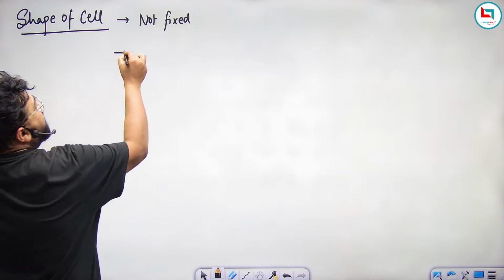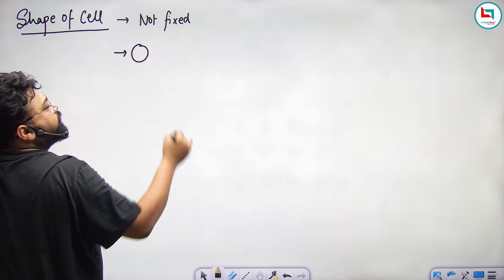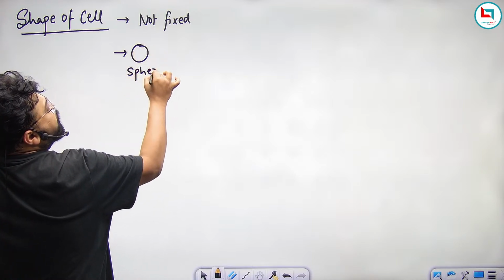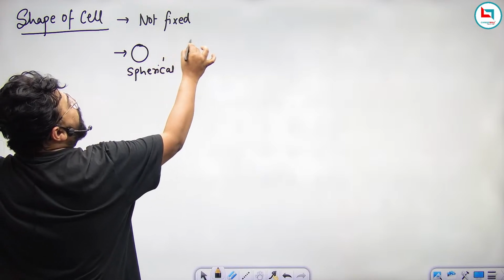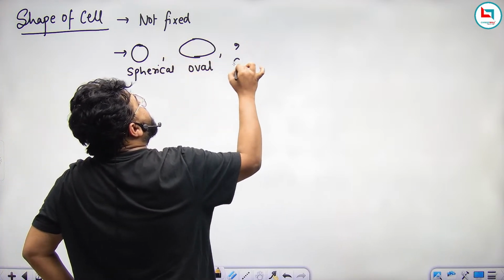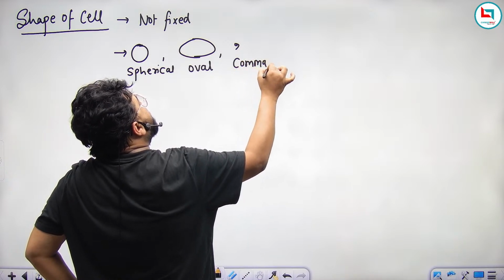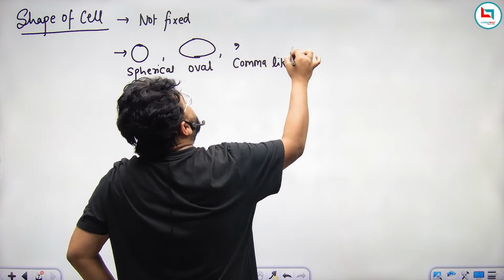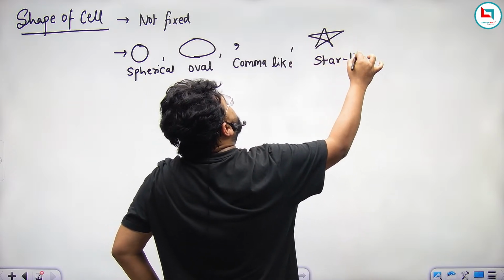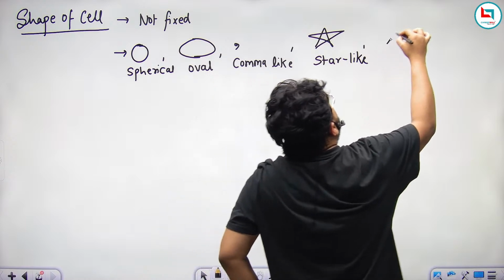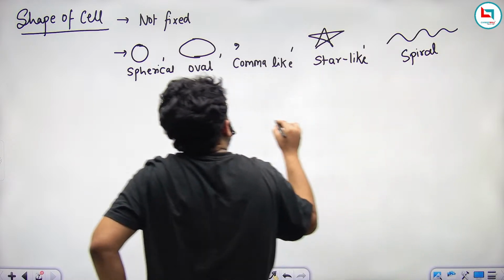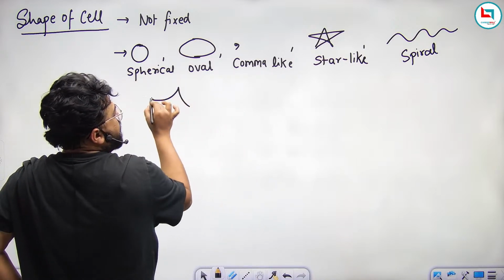A cell can be spherical in shape, oval in shape, comma like, star like, wavy, spiral like, irregular.